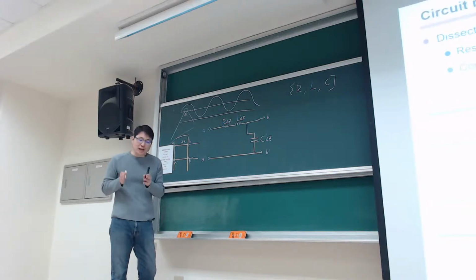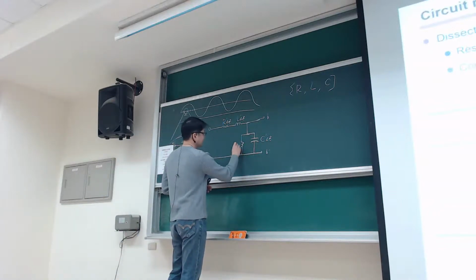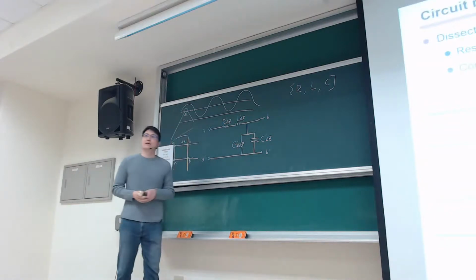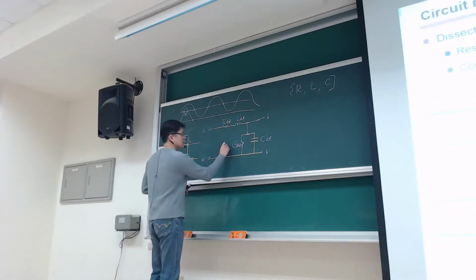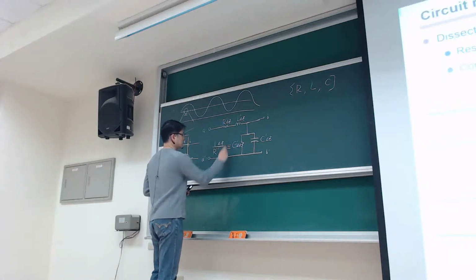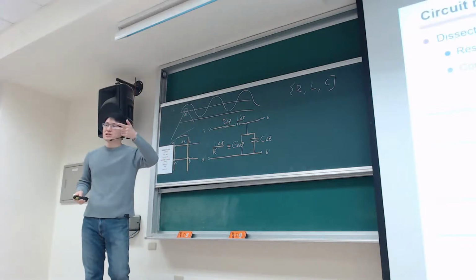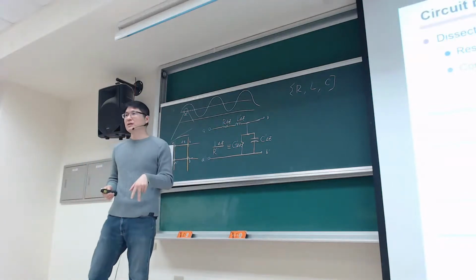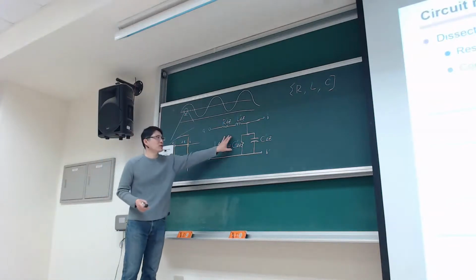For generality, we need to also include some leakage current. So this G is equivalent to 1 over R double prime. The inverse of the resistance is called conductance. It's viewed as a leakage current. Why am I including this term?